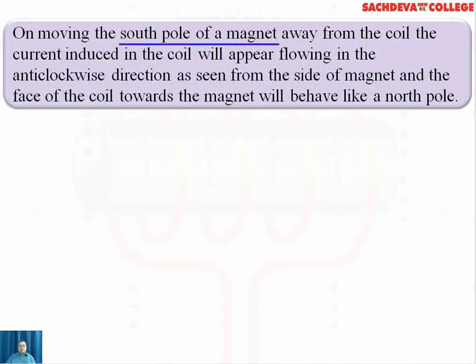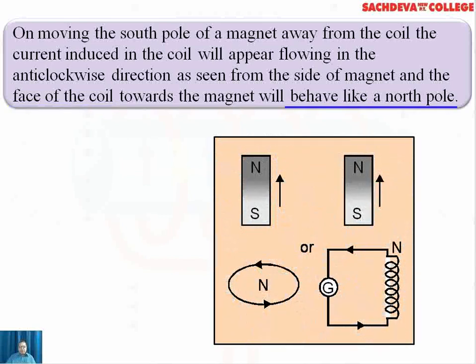On moving the south pole of the magnet away from the coil, the current induced in the coil will appear flowing in the anti-clockwise direction, as seen from the side of the magnet, and the face of the coil towards the magnet will behave like a north pole. So it is the inverse operation as we have seen in the earlier case. Now we have brought the south pole near the coil and opposite polarity is induced.